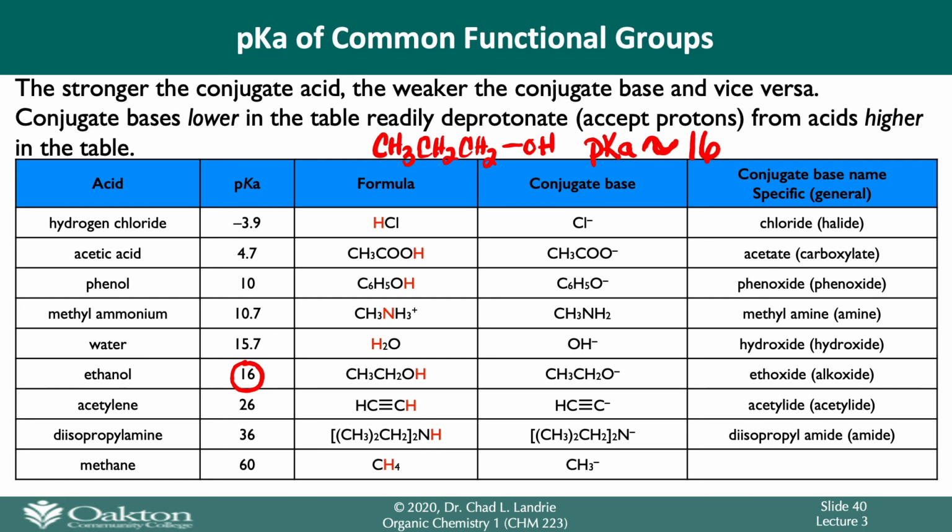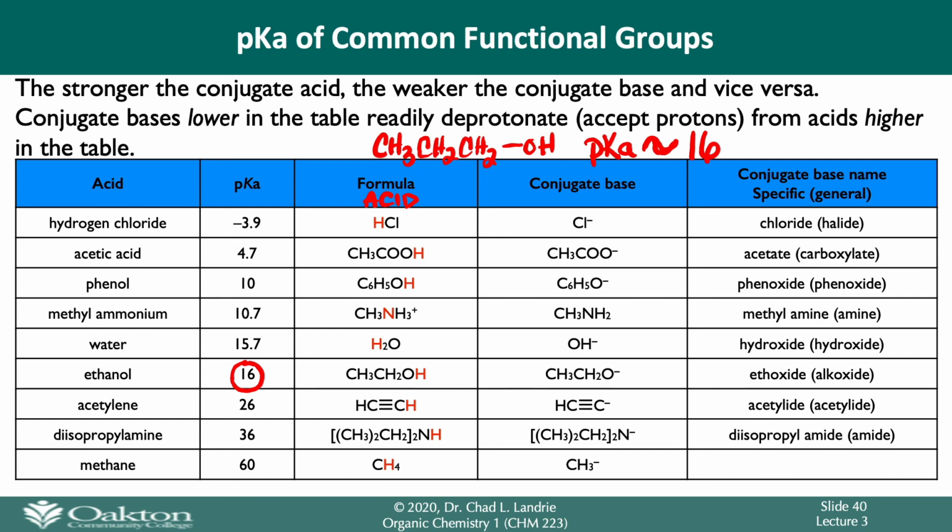Also, the way to interpret this table is I've given you the formula for the acid in the 3rd column here, and also the formula for the conjugate base in the 4th column. Notice that the conjugate base always has 1 less hydrogen atom than the conjugate acid. Now, what's not shown here are lone pairs. You would have to figure that out. You could put those in if you wanted to.